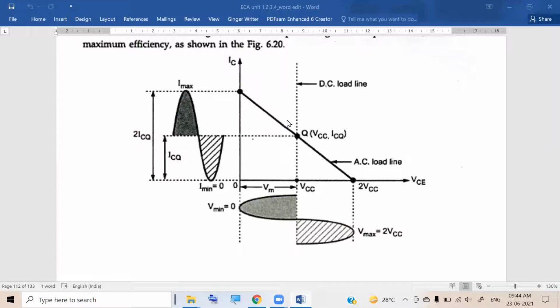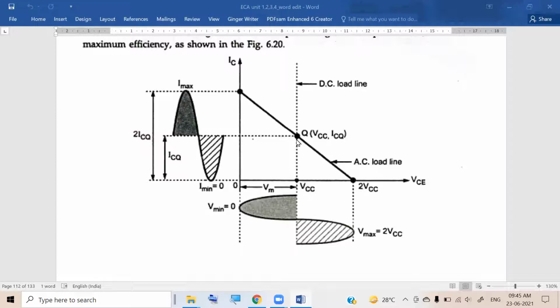Now, similar to the previous case, Imax, Imin, we are not disturbing the y-axis, isn't it? So the same Imax. See, simple, if this is ICQ, double of that will be 2 ICQ.